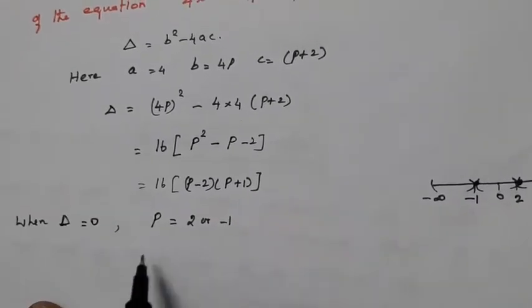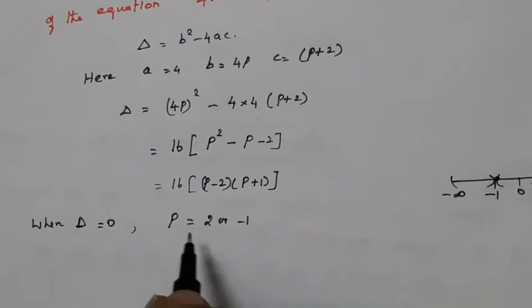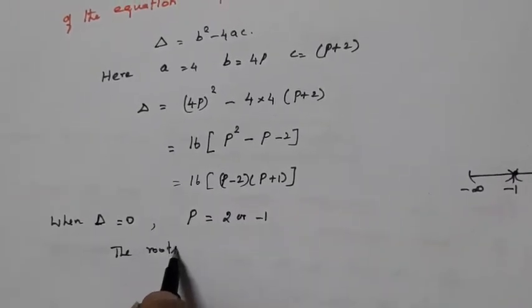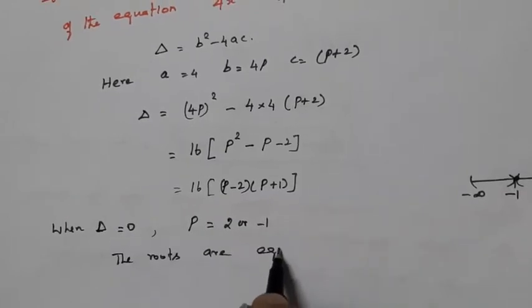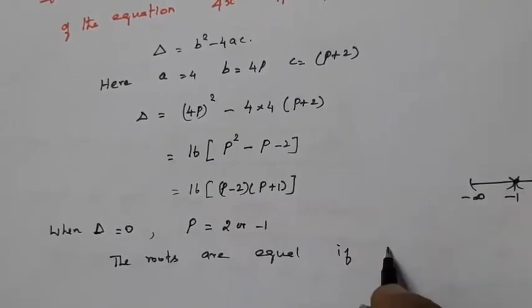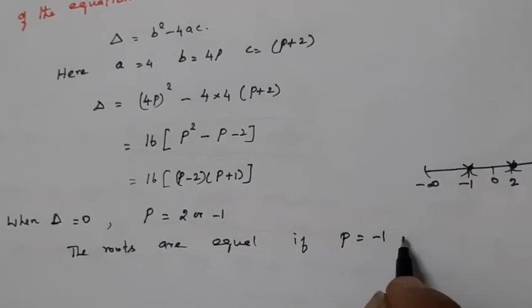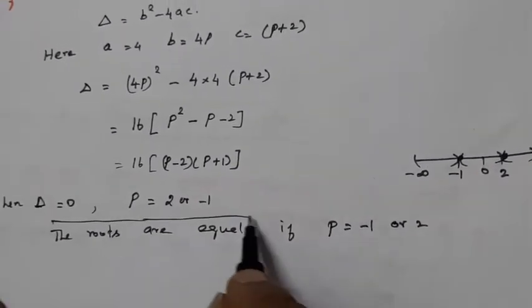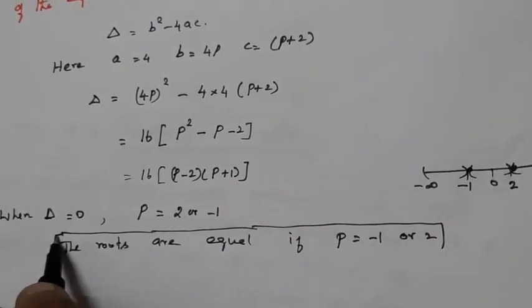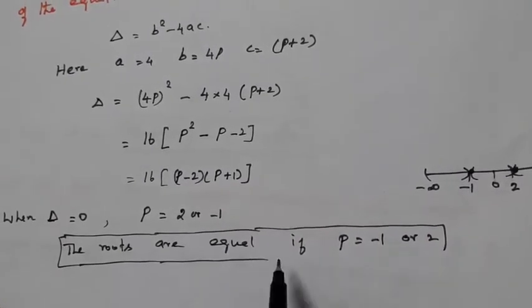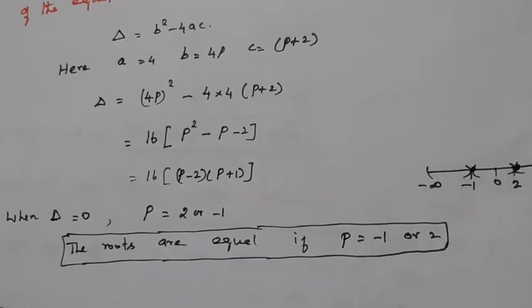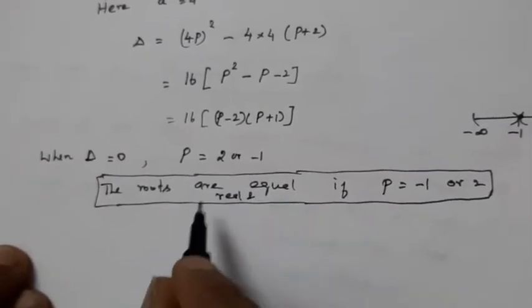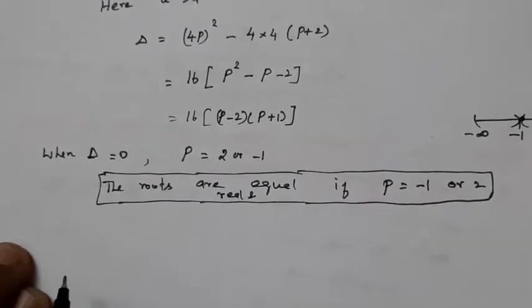So, the roots are real and equal if p is equal to minus 1 or 2. We have discussed one case, the equal one.